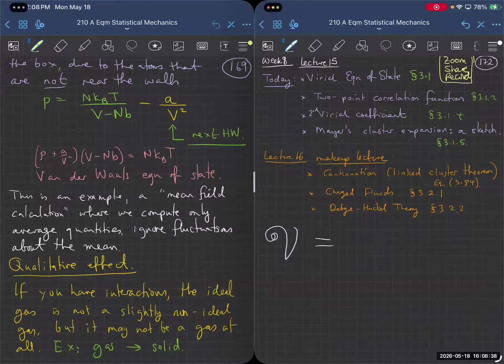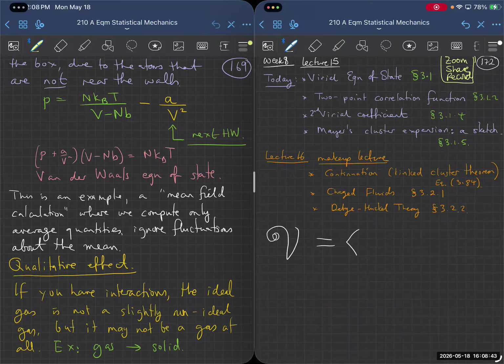It's some curly V, which I'm not very good at writing, and it was defined to be the expectation value of the sum from i equals 1 to 3N of q_i p_i dot, where the q_i are the coordinates of the particles and the p_i are the momenta. And the virial theorem, which we derived from the generalized equipartition theorem, told us that this has to be equal to minus 3N k_B T, and this is an exact result.